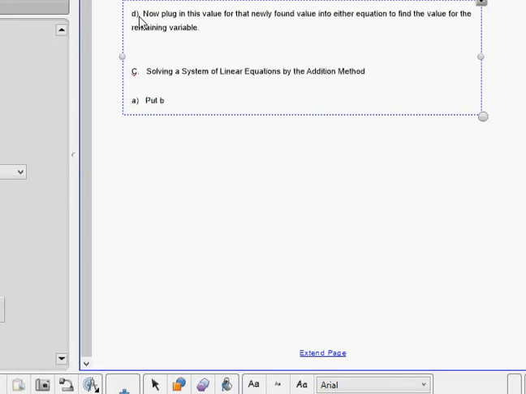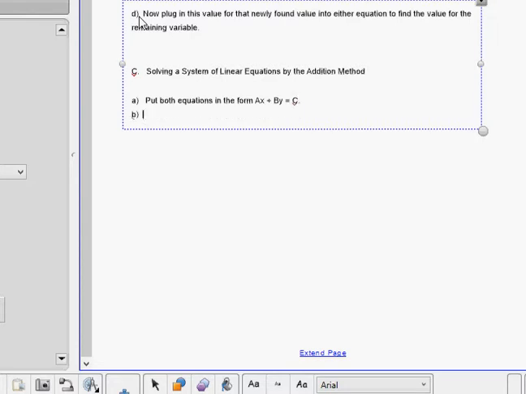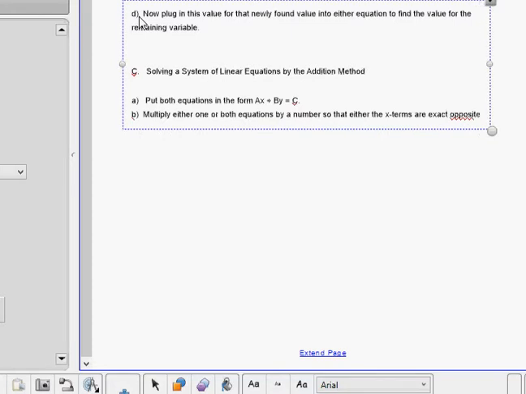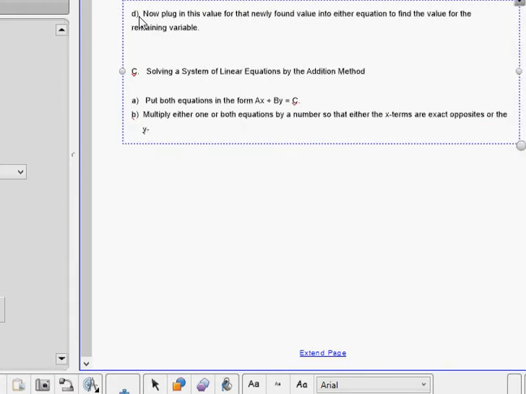This is where you put both equations in the form ax plus by equals c, and then you multiply either one or both equations by a number so that either the x terms or the y terms are exact opposites.